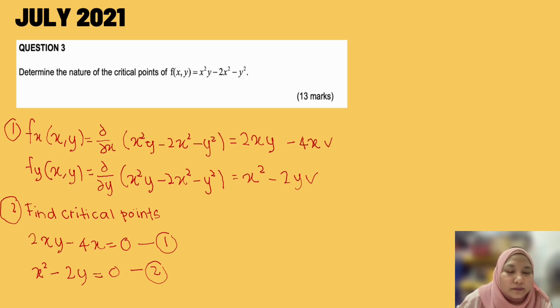Alright, so continue here. From equation 2 here, we can get a new equation. So we have x squared equals to, we bring it to the right side, so we get x squared equals to 2y, and then from here we will get y equals to x squared over 2.